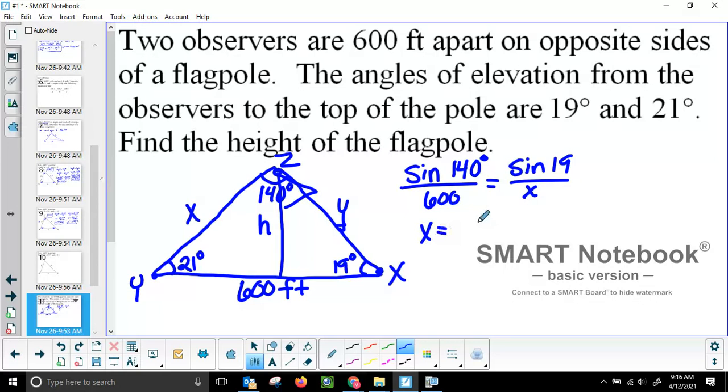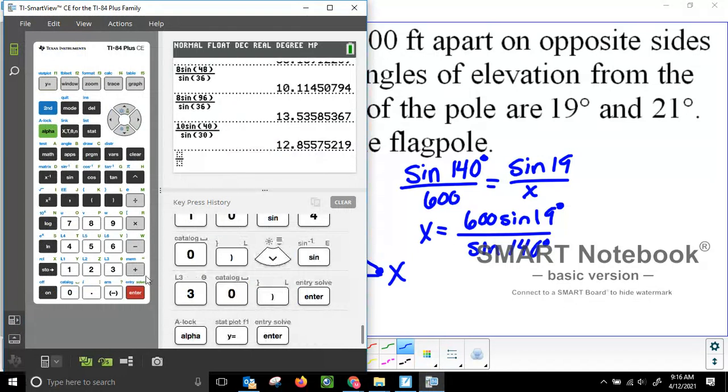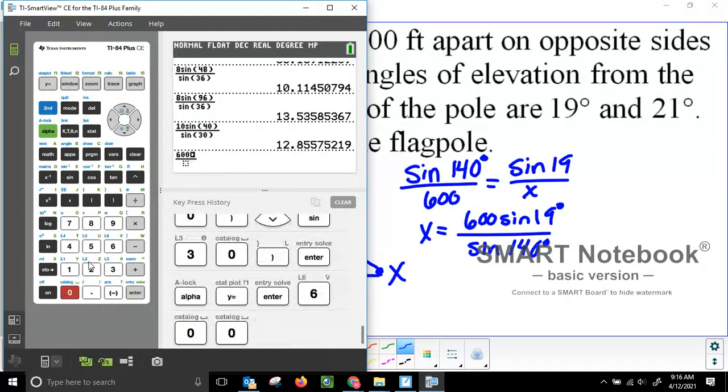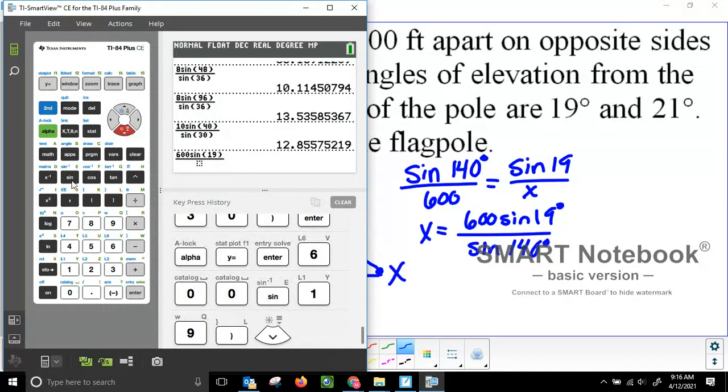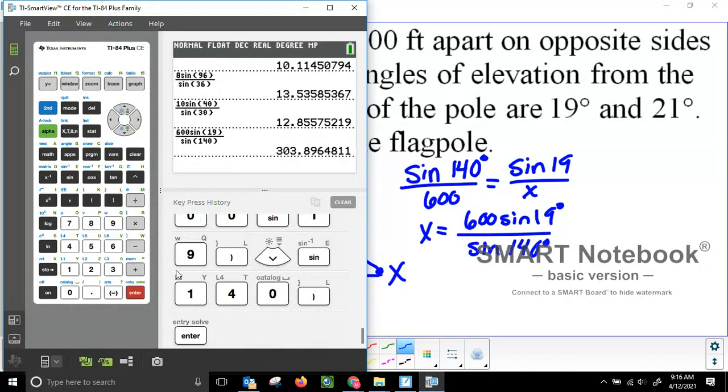So x is going to equal 600 times the sine of 19 divided by the sine of 140. We can use our calculator here: 600 times the sine of 19 degrees divided by the sine of 140 degrees, and we will get 303.896.